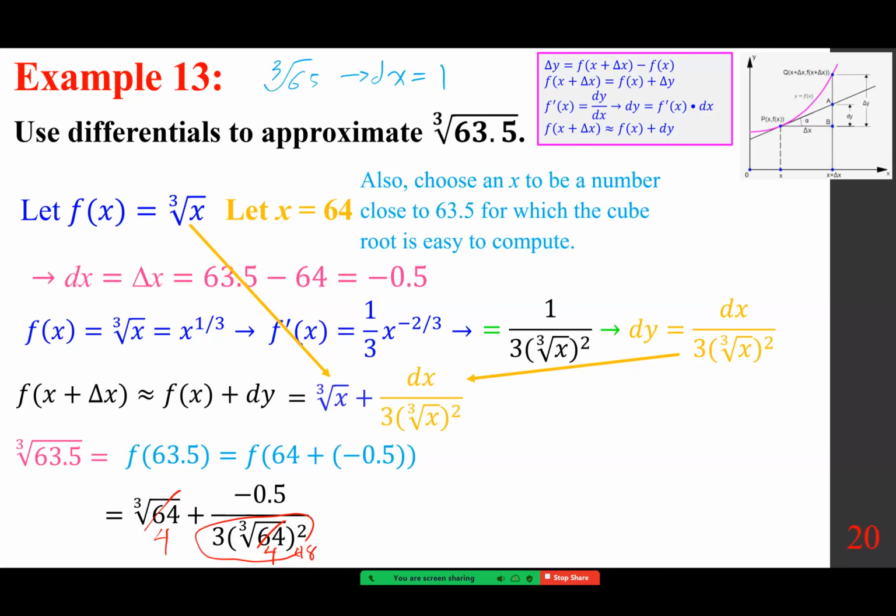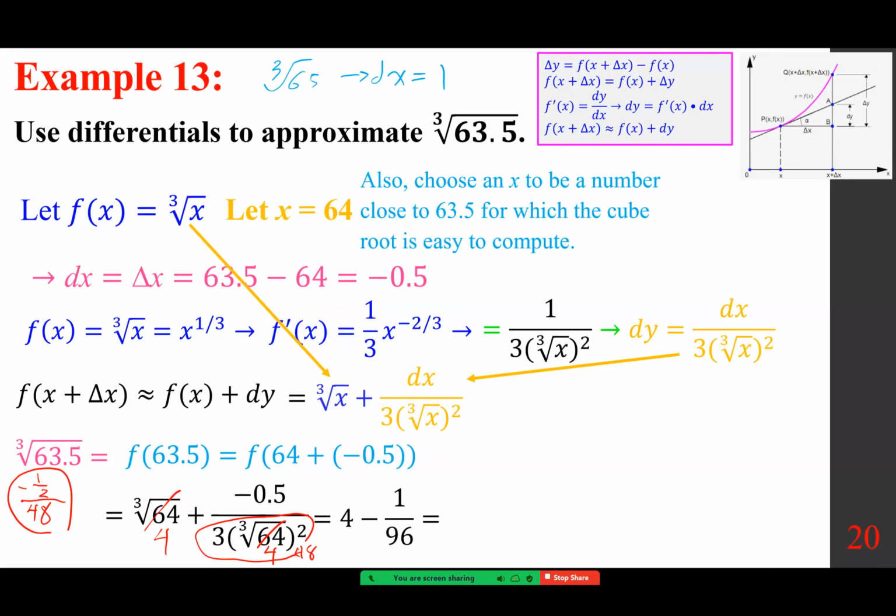And negative 0.5 divided by 48. Let me just write it at top here, class. Negative 0.5, negative 1/2 divided by 48. You can multiply the 48 by 2. You get negative 1/96.